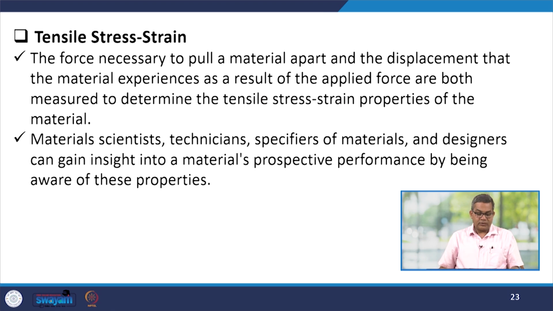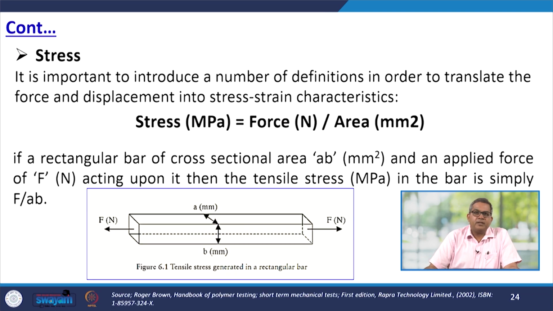Now, tensile stress strain. The force necessary to pull the material apart and the displacement that the material experiences as a result of the applied force are both measured to determine the tensile stress strain properties of the material. Material scientists, technicians, specifiers and designers can get insight into the material's prospective performance by being aware of these properties.